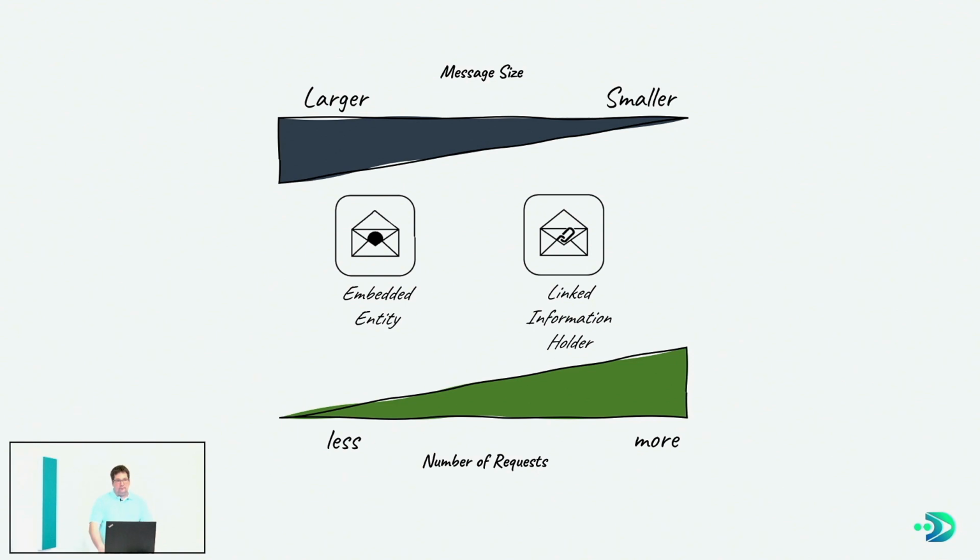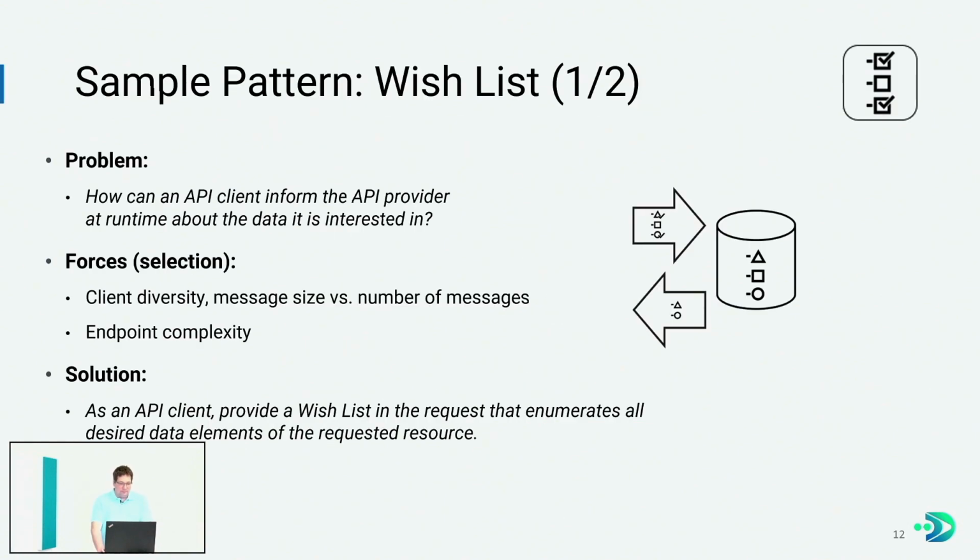So we have different alternatives to choose from, and we have different quality attributes, and here are only two. We can make our message larger and thereby decrease the number of requests, the needed calls, or we can make our messages smaller, thus requiring more calls to fetch the data.